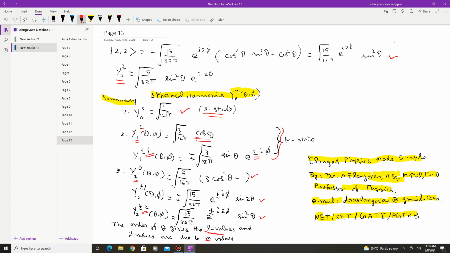The phi values are due to the M values, and theta gives the L values. Here L is equal to 1, so here cos theta, so this is sin theta, so L is equal to 1. Therefore, from the angular momentum theory, the spherical harmonics can be evaluated.